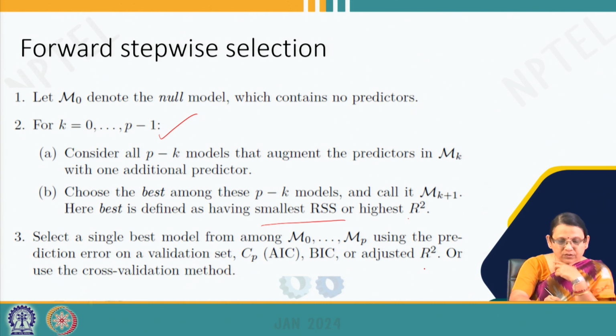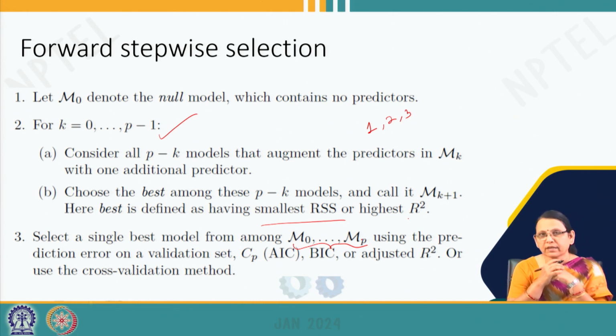Now, this will first be done with k equal to one variable, then you will be adding a second variable, to that you will be adding a third variable, and so on. So, if you continue like this, taking one feature, then two features, then three features, you will have many models, precisely p number of models.